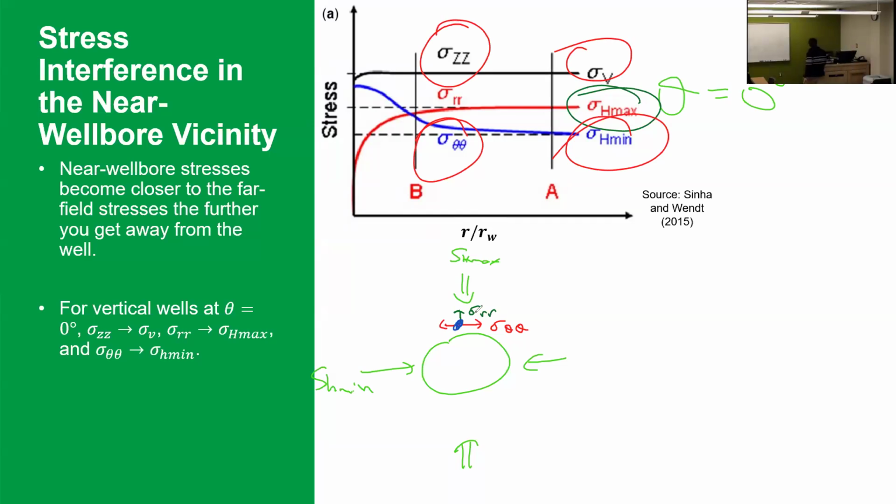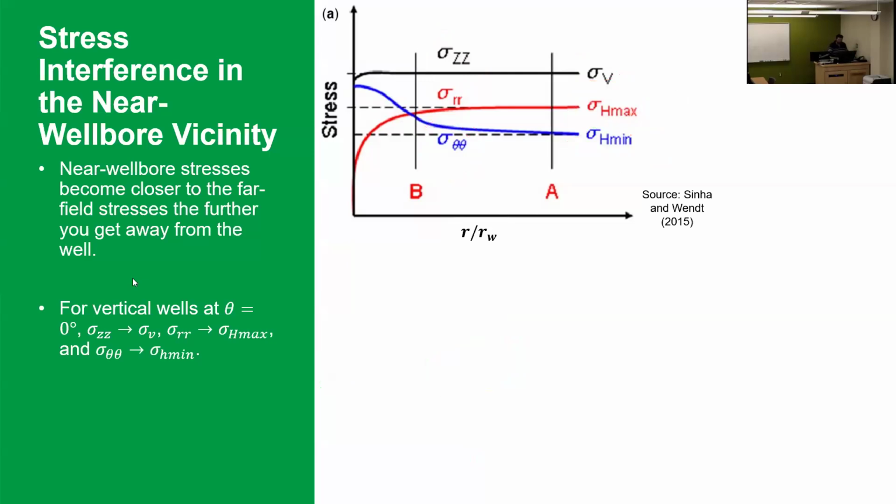You can use the equations from the previous slide to understand what I was saying. Now, let's imagine SH max and SH mean. If I'm at theta equals 90, I'm here. If I draw the stresses the way I did 2 or 3 slides ago, the radial stress will be in this direction, sigma RR.